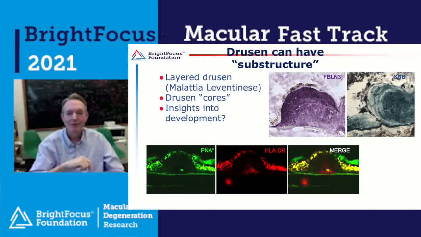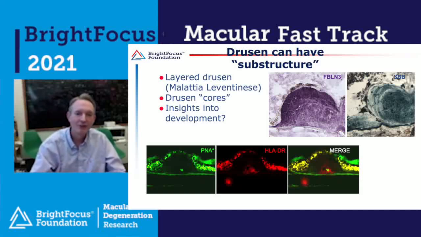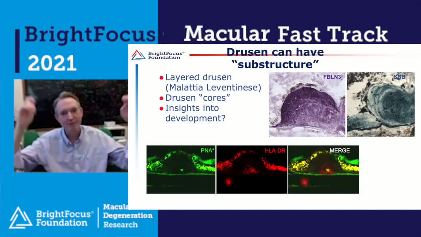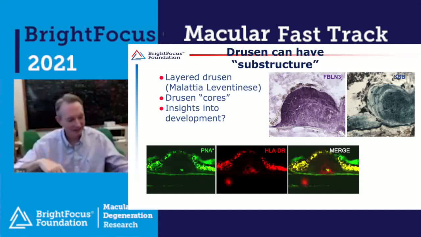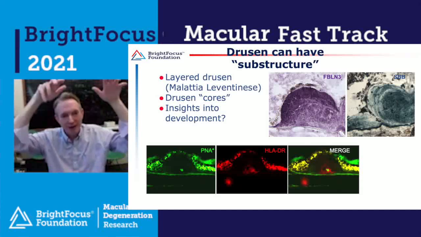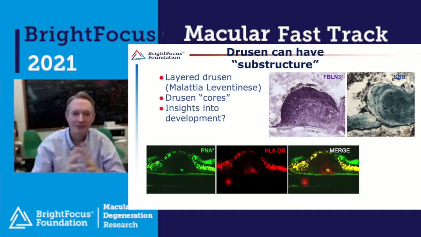And maybe the most striking of these is drusen that don't form in normal macular degeneration, but the ones that form in Malattia Leventinese due to a mutation in the EFEMP1 or fibulin 3 gene, in which the material in the drusen forms in these sort of concentric onion skin type of layers, where you can imagine that the RPE is laying these down sequentially and building up these mounds, sort of like tree rings or something.